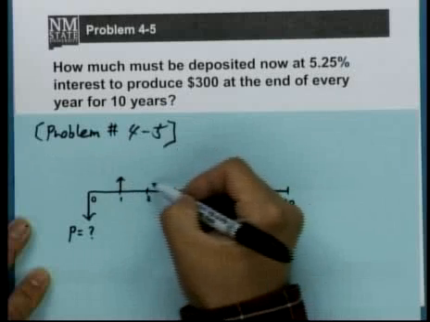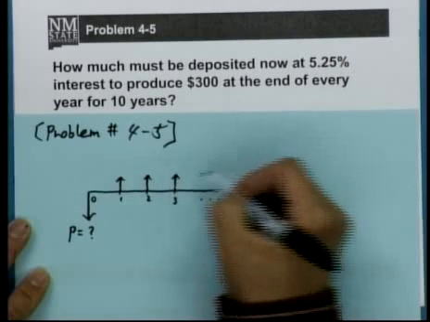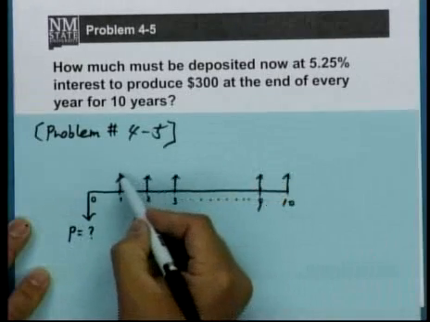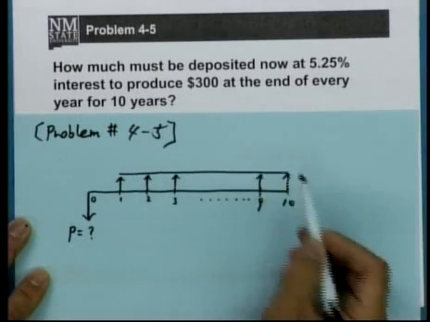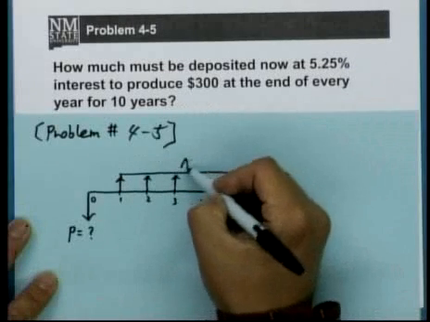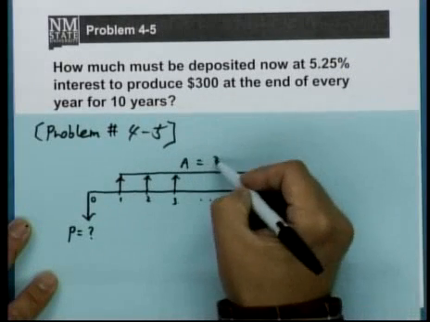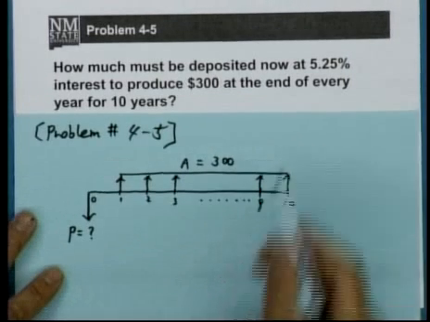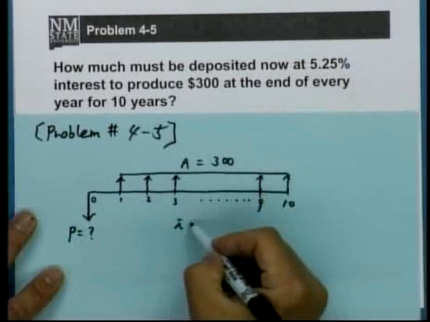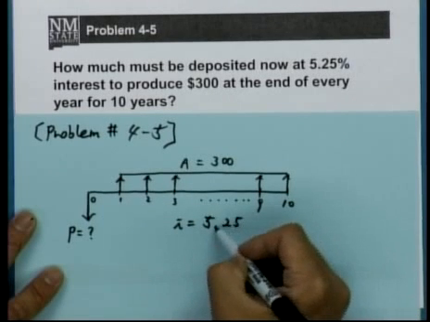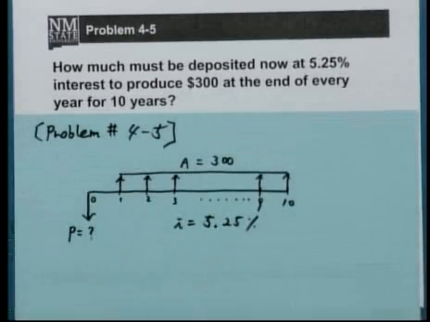So we have A equals $300. Is that right? And the interest rate you're going to use is 5.25%.